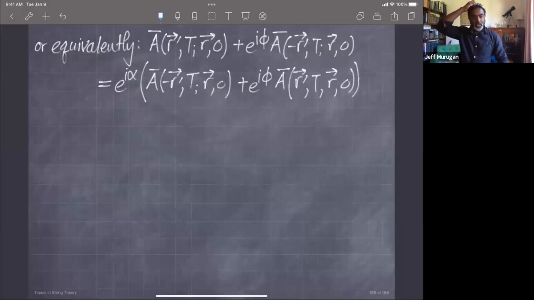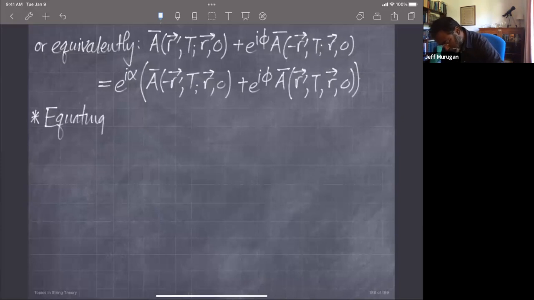Well, now I can equate coefficients of the amplitudes and see what I find. So equating coefficients, I'll find two things.